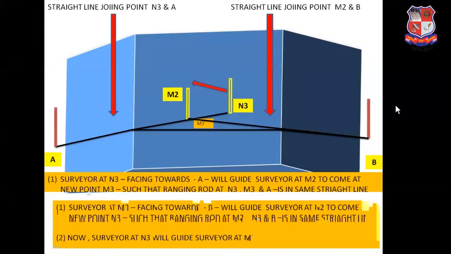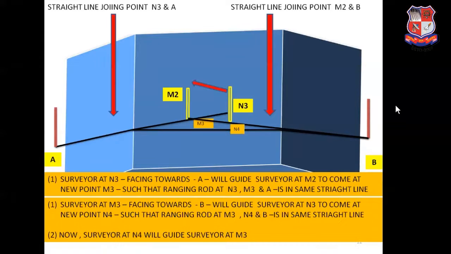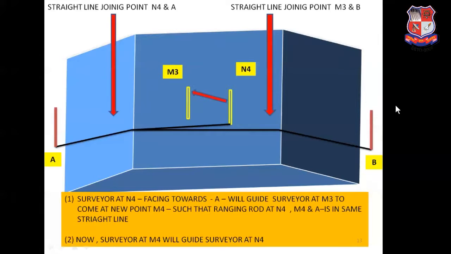Now the surveyor at M3, facing towards B, will guide the surveyor at N3 to come to a new location N4 in such a way that M3, N4 and B are in the same straight line. Now the surveyor at N4 will guide the surveyor at M3.